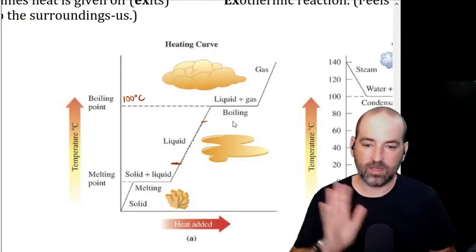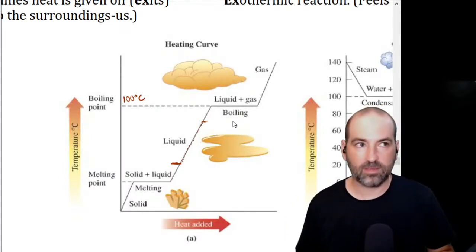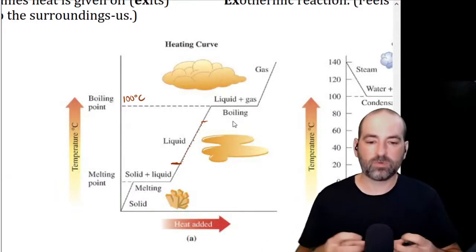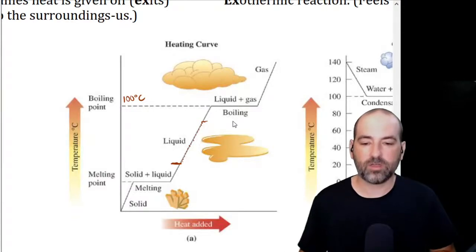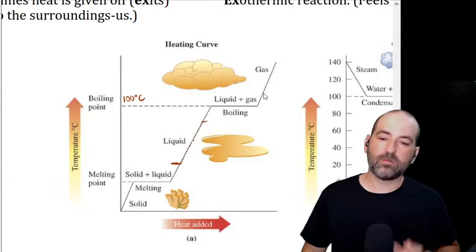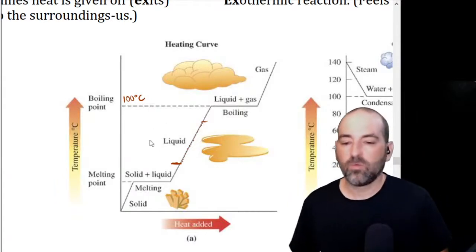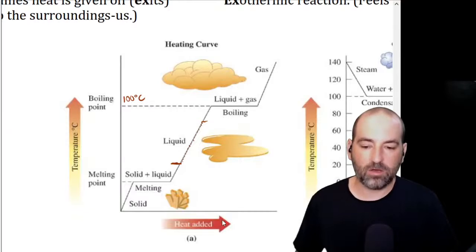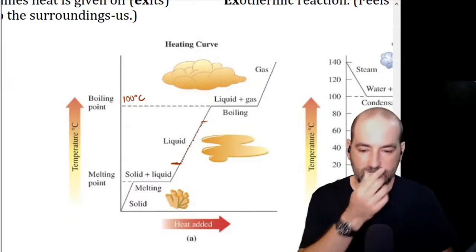Again, we'll get into that in, I think, the next chapter or maybe 2 chapters, what those forces are. But we're separating the molecules apart from each other so that they can become gas. So in terms of exothermic and endothermic, we would say that melting and boiling are endothermic because we're adding heat to make those state changes happen.